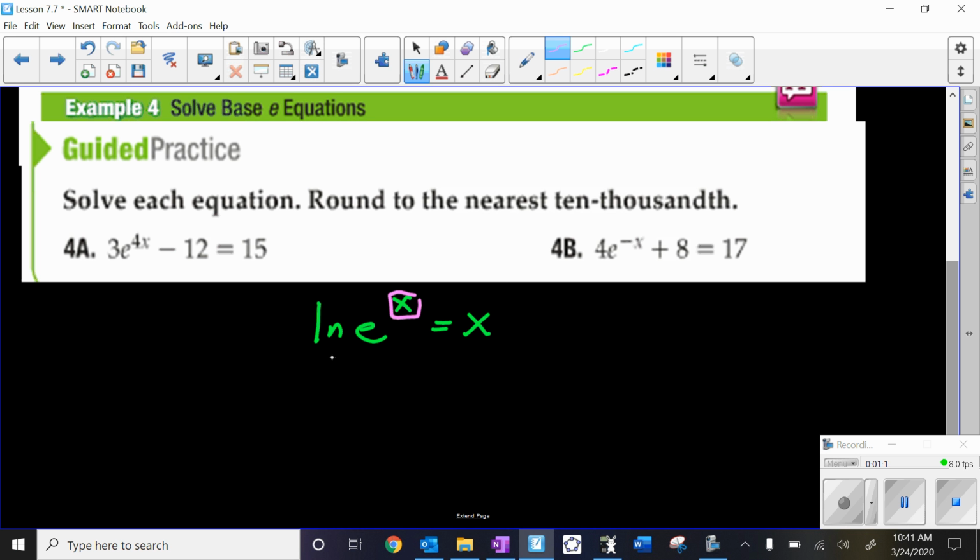But to give you kind of a proof of how this works, remember the natural log in here is the same thing as a log base e. So now I have a log base e of e to the x, and we're still saying it's equal to x. And since we've dealt with a lot of converting, we're going to convert this from a log to exponential.